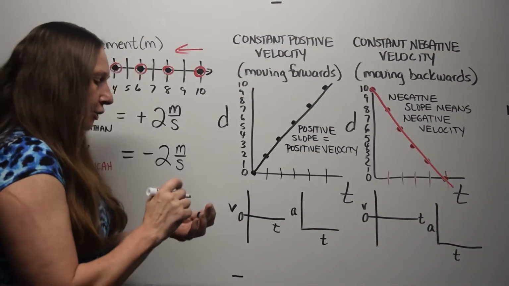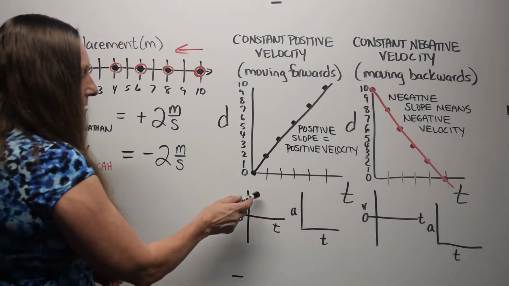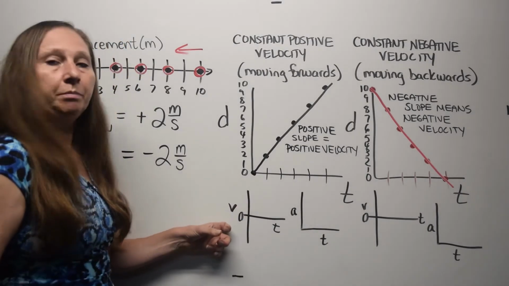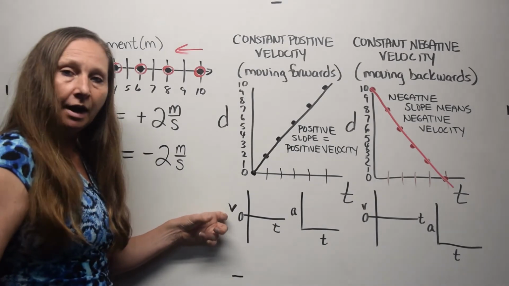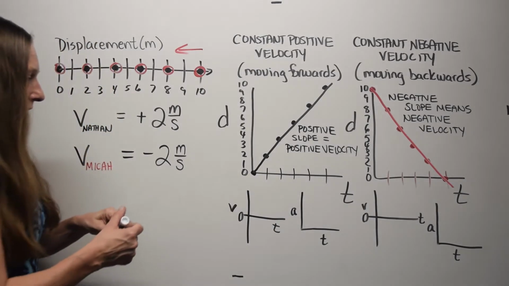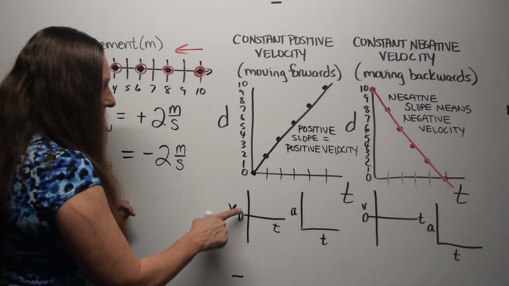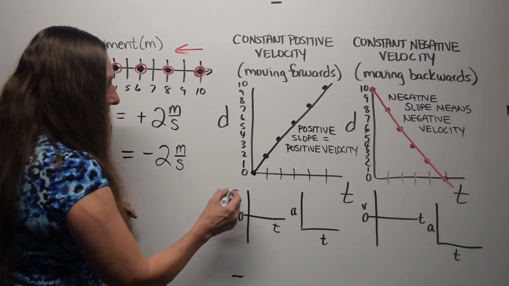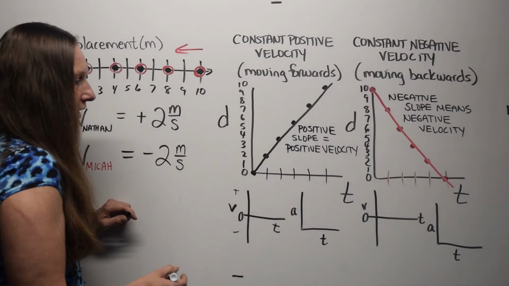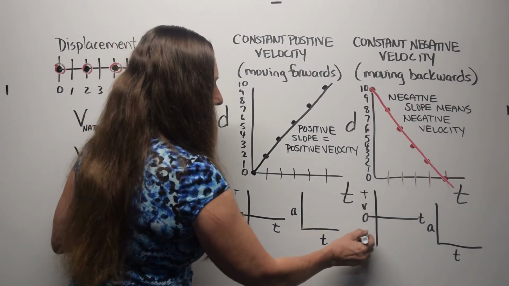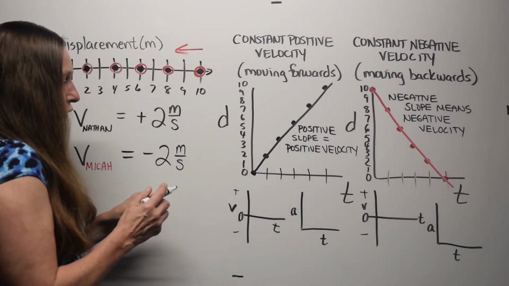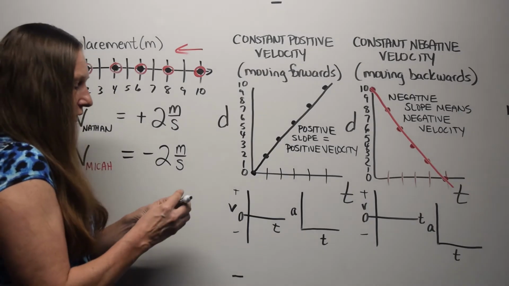Now let's look at a constant positive velocity on a velocity graph. On the velocity graph, we'll have 0, then positive numbers up here, negative numbers down here. So what is constant positive velocity going to look like?